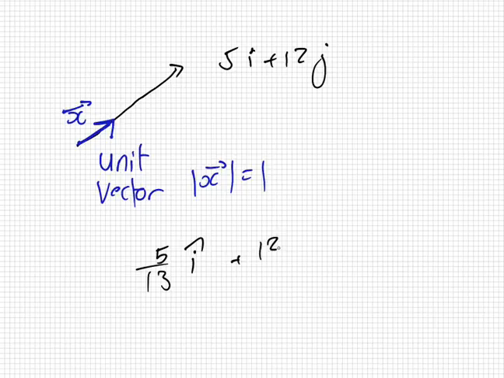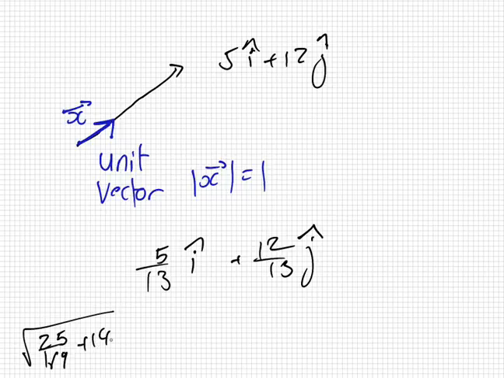So the answer is 5 over 13i plus 12 over 13j. This vector here will be exactly the same direction, but its length will be 1. And you can check it, because if you do square root of 25 over 169 plus 144 over 169, that does equal 1.